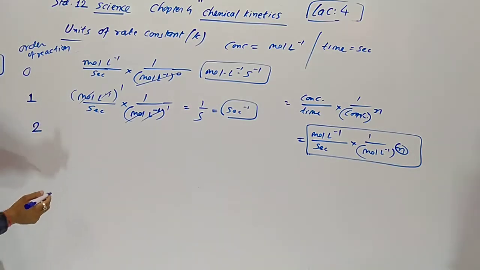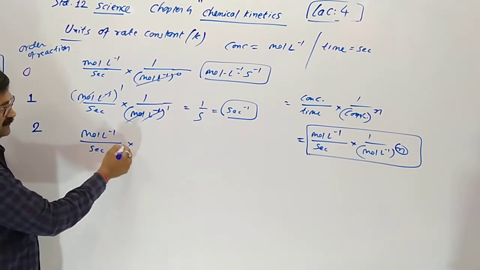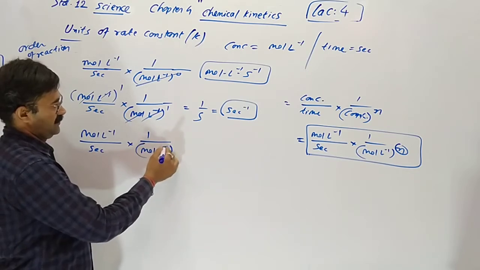Now for second order reaction, mole per liter upon second remains as it is, into 1 upon mole per liter raised to 2.